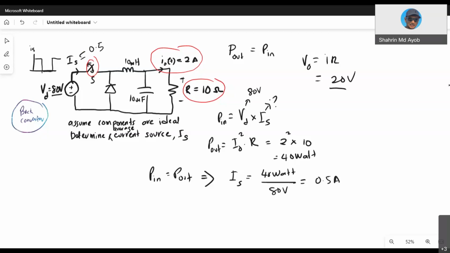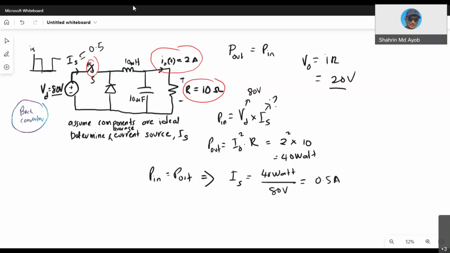Okay? This applies to all power converters, inverters, DC-DC converters, buck, boost or buck-boost. All applied. It is actually a very basic principle. So right now we already know that from the P in and P out relationship, you can calculate your current source.